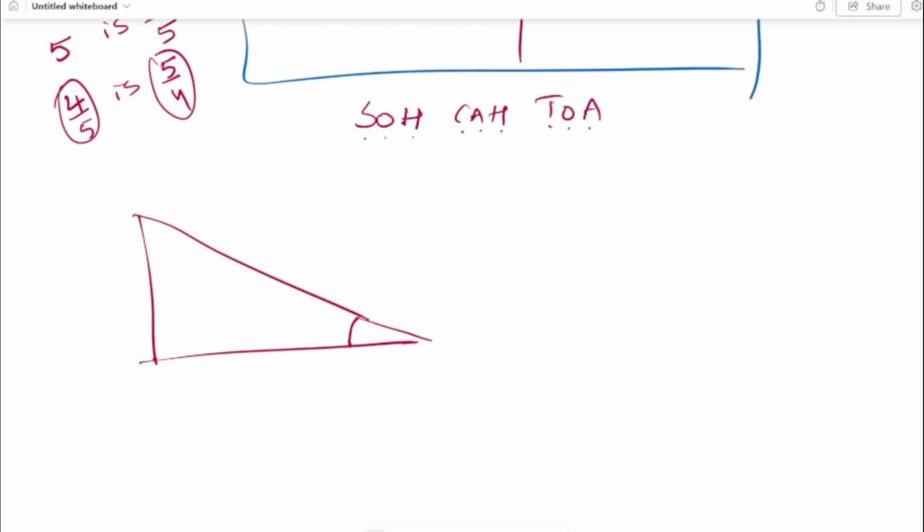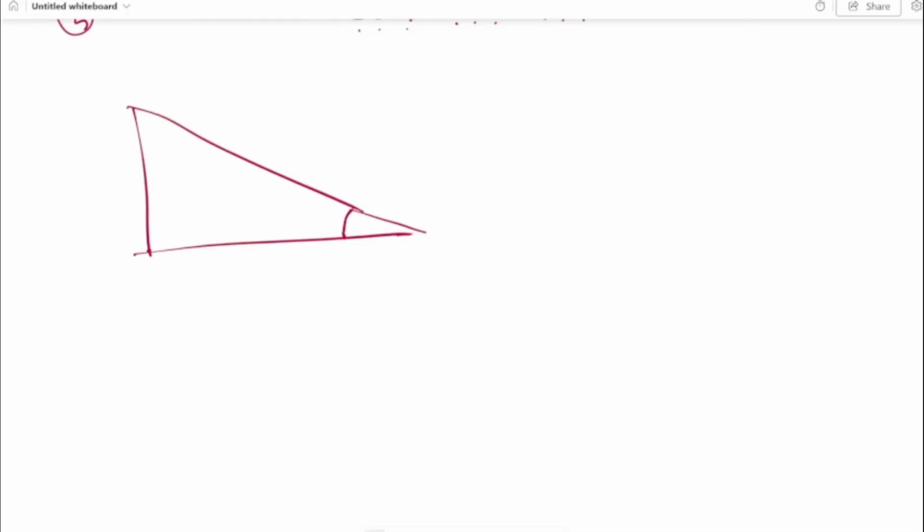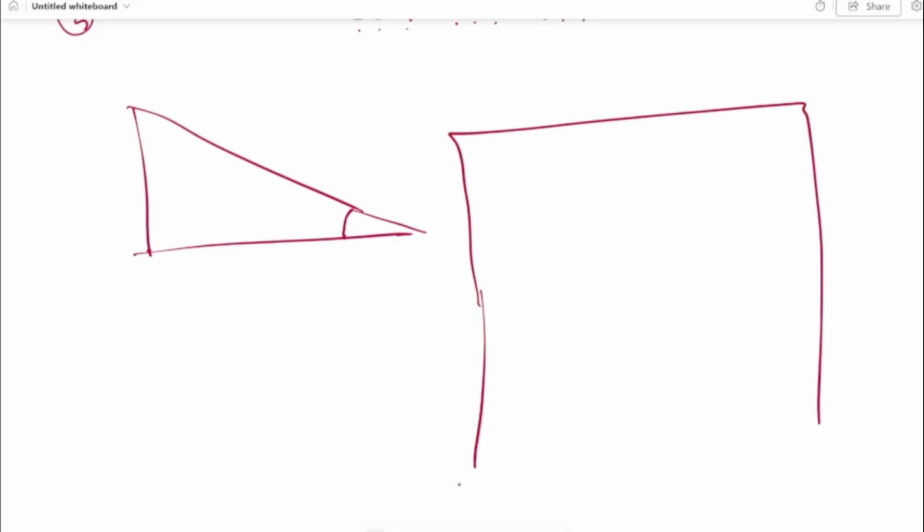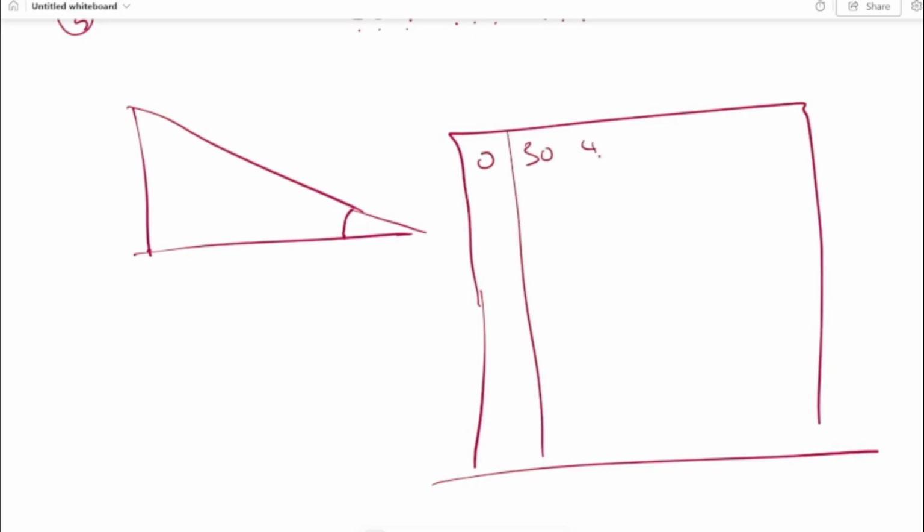I'm going to put it on a grid. I hope you memorize this too. Don't rely on a calculator, just memorize these standard values. That way you can do the mathematics a little faster. I'm going to put the grid here: 0, 30 degrees, 45 degrees, 60 degrees, 90 degrees.